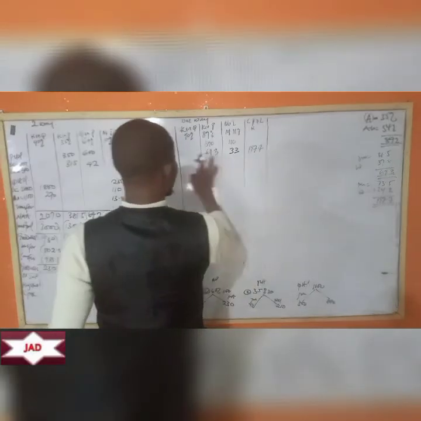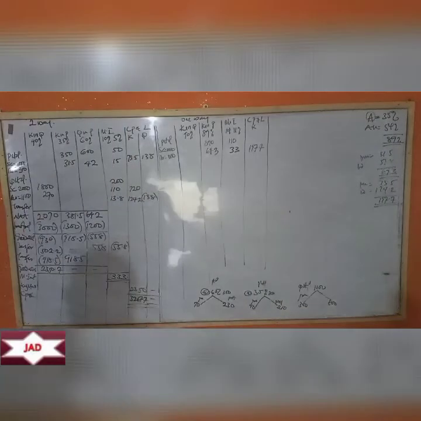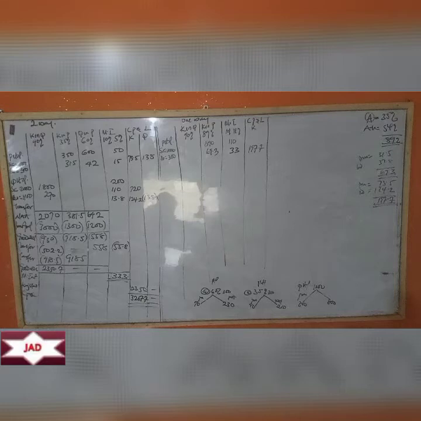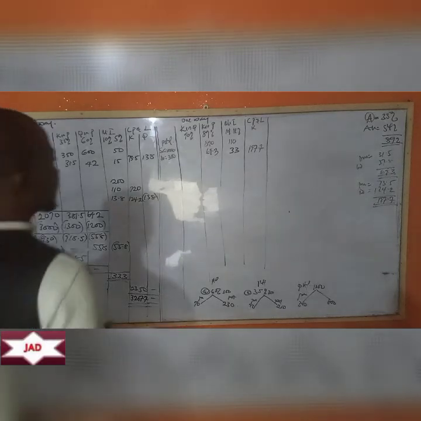So if you add these three, it should give you 300. Let's see. 33 plus 69.3 plus 197.7. We have 300. Okay, so let's go.